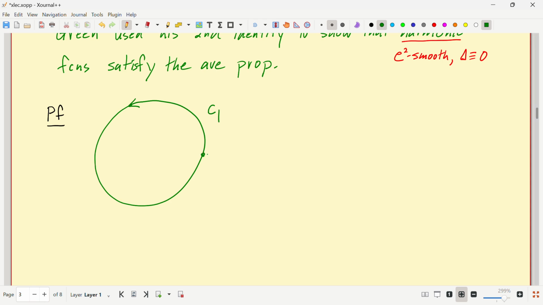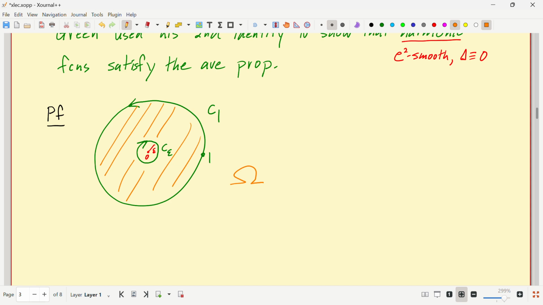I'm going to have a small circle on the inside, going clockwise, called C sub epsilon, because its radius is epsilon. The region between the two I'll call omega, since it's not a disk anymore.